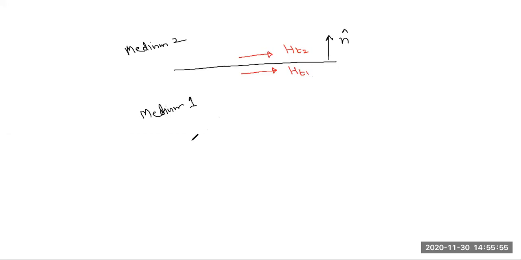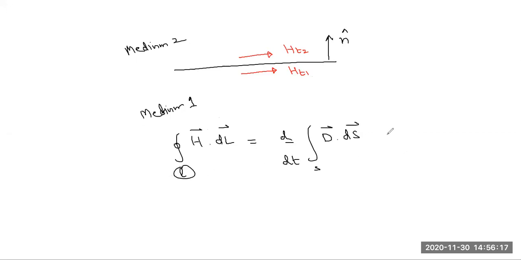The fourth Maxwell equation is basically the closed line integral of the magnetic field is equal to the rate of change of electric flux passing through the surface formed by this closed path, plus the electric current passing through the surface formed by this closed path.